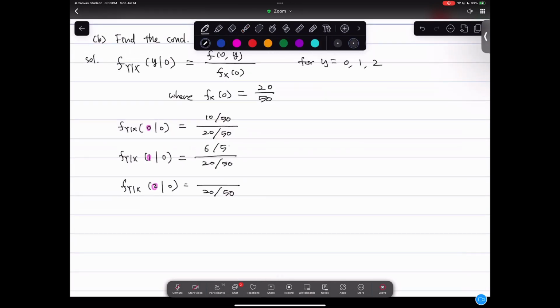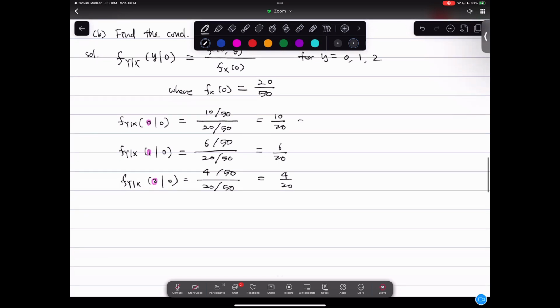And the last one is 4 over 50. So I'm actually getting 10 over 20, 6 over 20, and 4 over 20. I can reduce it, but let's make it base 10, so 5 over 10, 3 over 10, and 2 over 10.